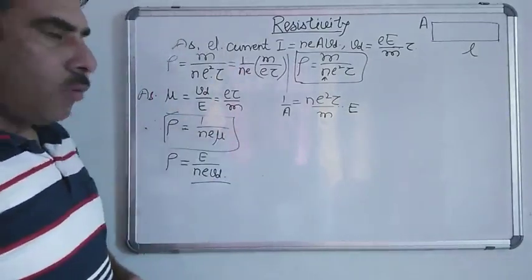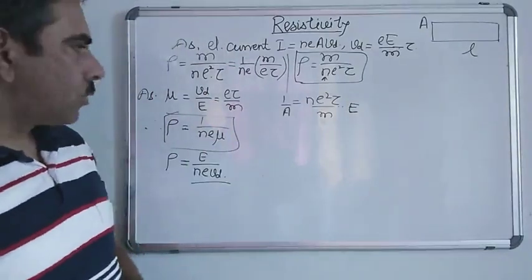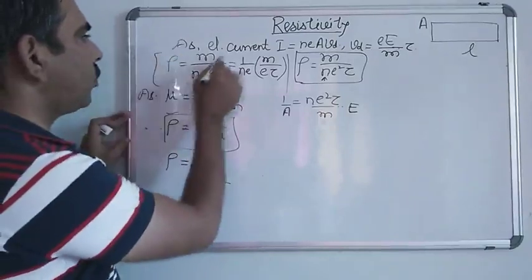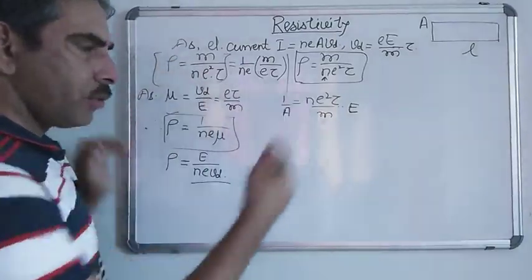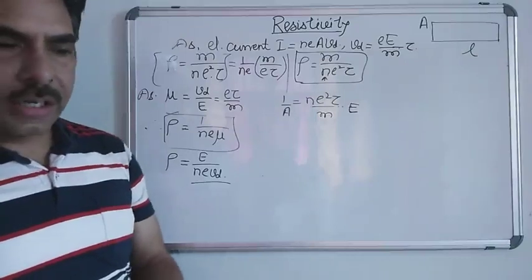So these are some forms in which the electrical resistivity can be written. You just need to remember the main formula, and then you can convert this expression into different forms. It does not require any hard work.